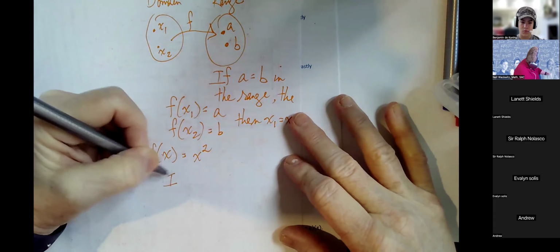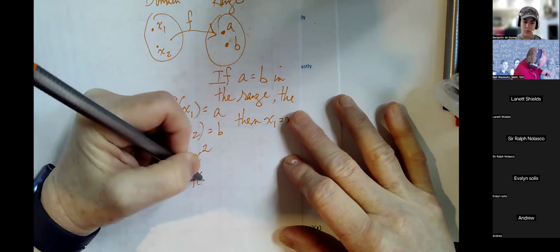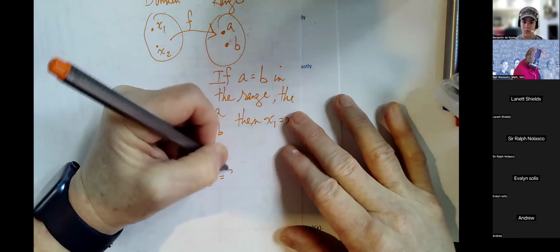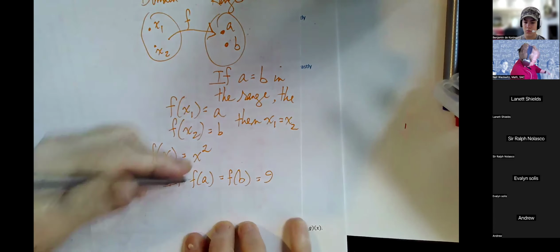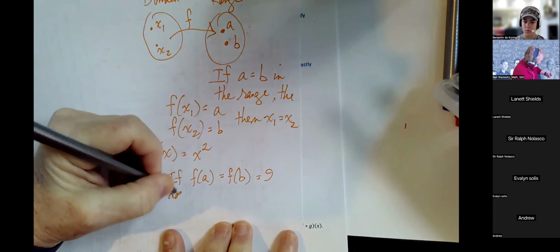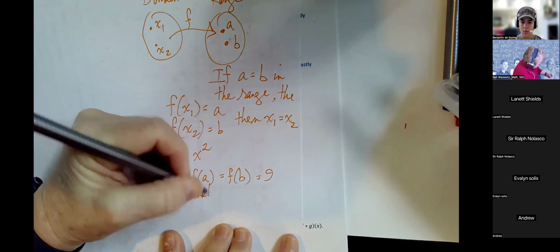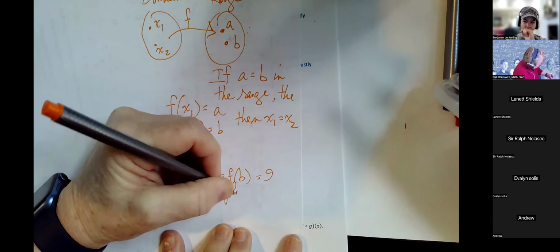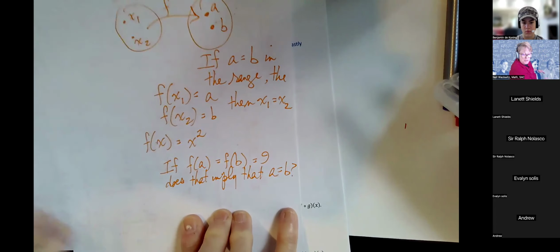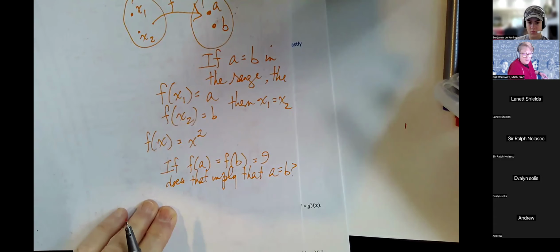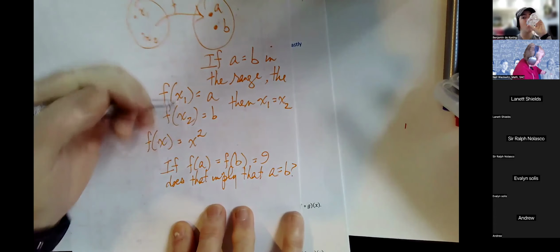So let's say f of A equals f of B equals 9. Does that imply that A equals B? In other words, are there 2 different ways to get to 9, or is there only one way?